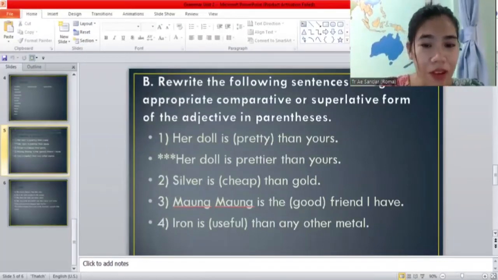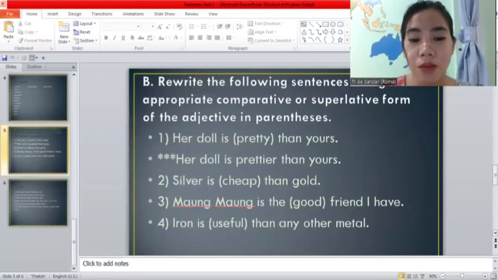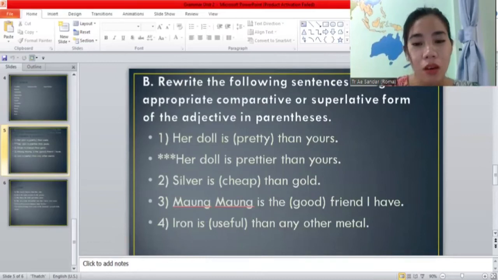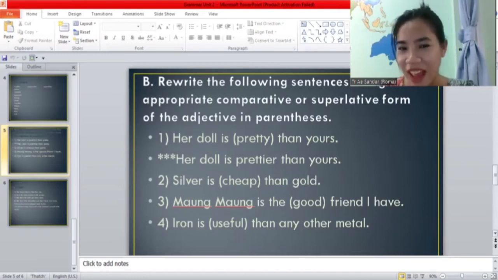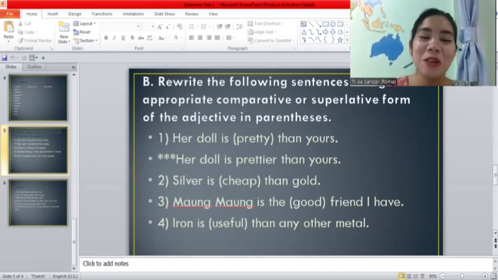How about: silver is cheap than gold, silver versus gold. Mama is the good friend I have. And iron is useful than any other metal.